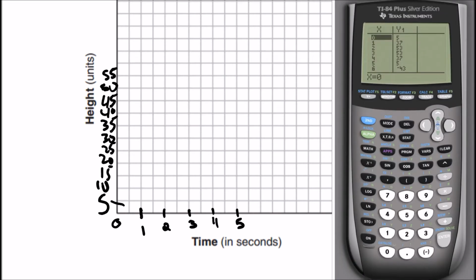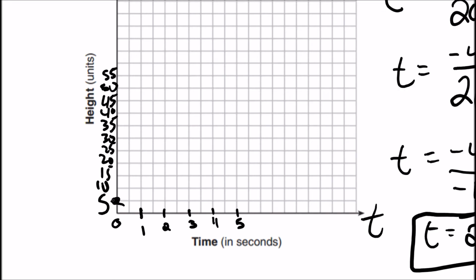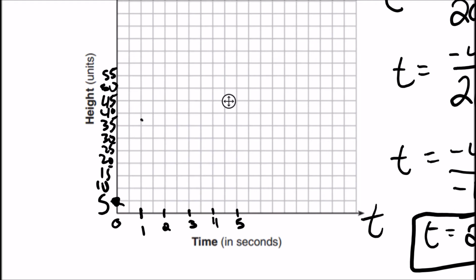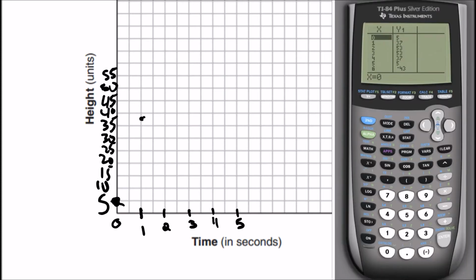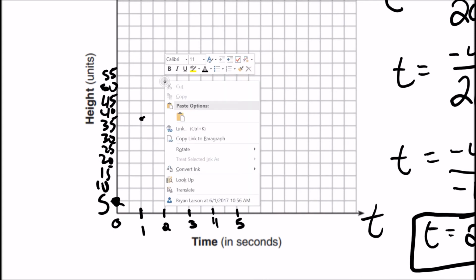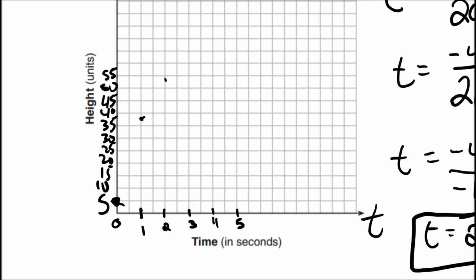So if we look at our graph here, we have a point 0, 5, then 1, 37, then 2, 53, and then we had 3, 53.